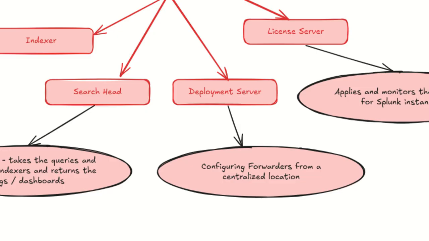It will be a very tedious task to manually configure these universal forwarders and heavy forwarders about the logs that we need to collect, the logs that we need to exclude, etc. So the deployment server helps in automating such configurations from an organization point of view, and it saves a lot of time and effort in terms of what log needs to be collected and what log needs to be excluded, in an automated way.